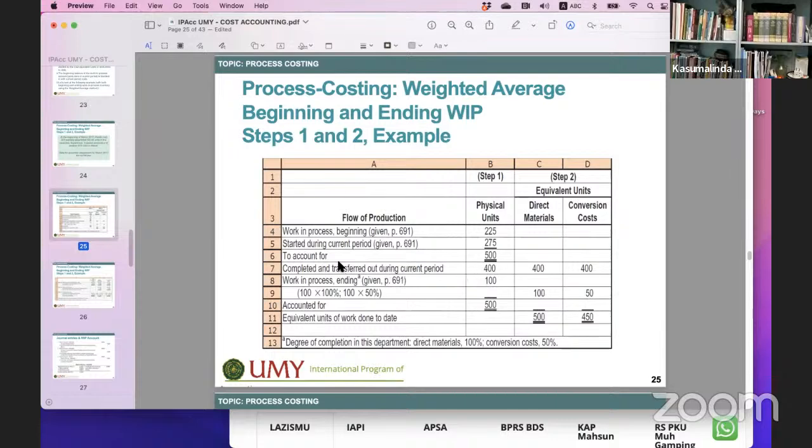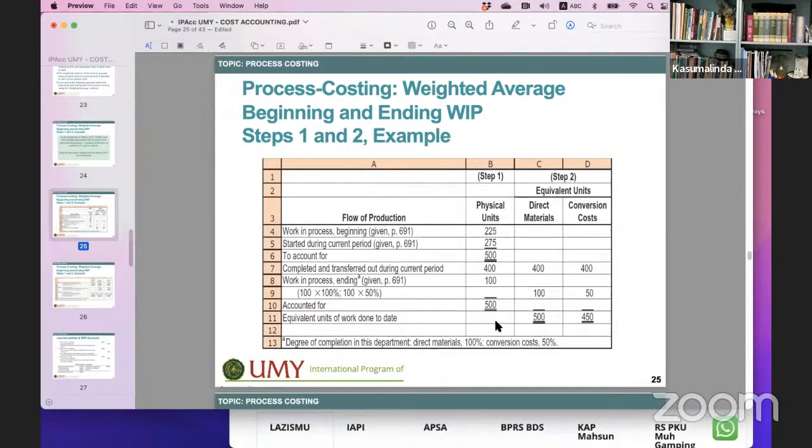This one is given in the textbook. If you read the full scenario of the illustration, you can take out that the completed and transferred out units is 400. And the ending work in process is 100. When we total these two, we get 500, which should be the same as the 500 up here, the units to account for.